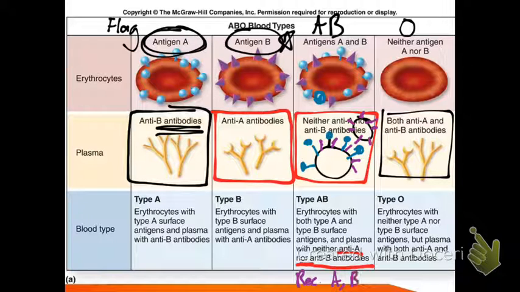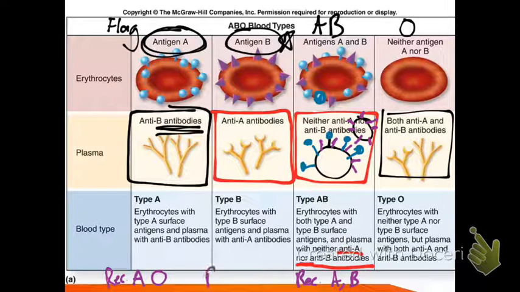You can also receive B. I should actually work from the left, so let me go there now. If you are blood type A, you can receive from blood type A, because they're showing friendly flags, or you can receive from blood type O, because they have no flags. Remember, you have anti-B antibodies, so if you get blood type B, you'll kill those cells. If you get blood type AB, the A flags will be okay, but the B flags will be recognized and killed. So you can receive from A and O.